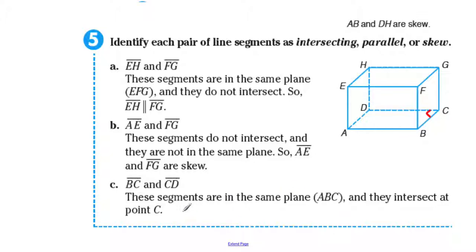These segments are in the same plane and they intersect at point C. And if this is a box, that means segment DC is perpendicular to segment BC. But again, that's not part of the directions that we need to follow. It just says identify each pair of line segments as intersecting, parallel, or skew.